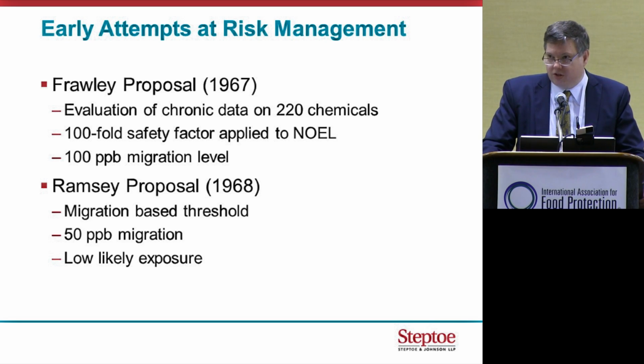He evaluated this data using a typical 100-fold safety factor, and discovered that generally speaking, a 100 part per billion migration level would be an acceptable level with respect to the no effect levels and safe doses estimated for these 220 chemicals.